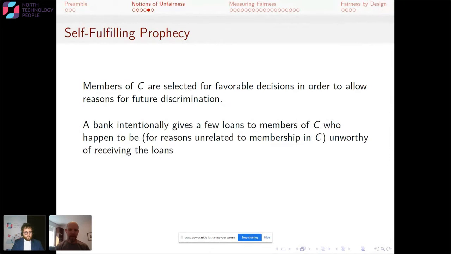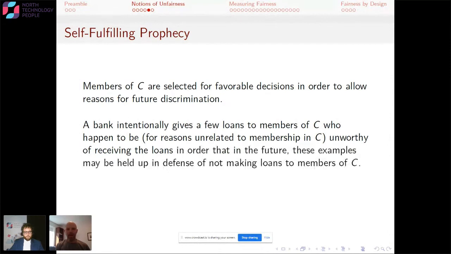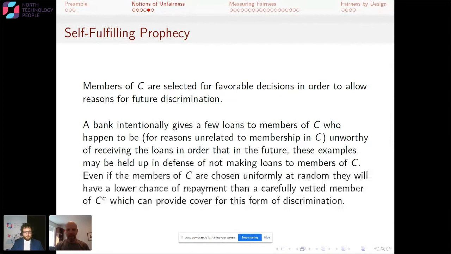So if you intentionally give loans to a few members of C who, for whatever reason, unrelated to the membership in group C, shouldn't have, then that gives you data points and creates a feedback loop that will then justify future decisions. And that can be held up to justify those decisions as well.